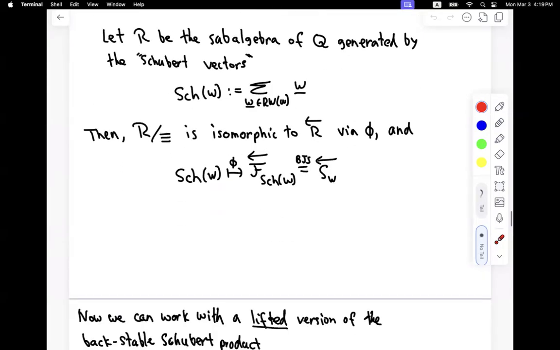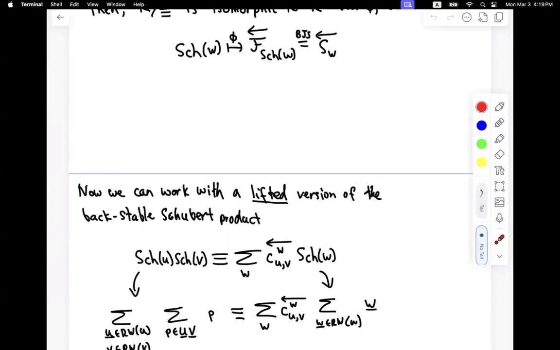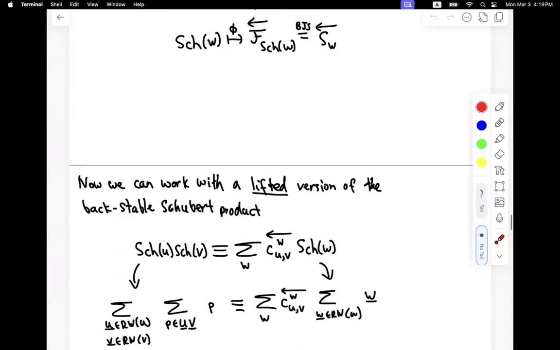Okay, so what this allows us to do is work with this combinatorial, lifted version of the backstable Schubert product. Now we're only working up to equivalence, meaning that the maximal bottom rows are the same. But now instead of the usual Schubert product, I can take this Schubert product involving the colored words, and then on the right-hand side, I have the expansion of the Schubert product in terms of the Schubert vectors, which are reduced words.